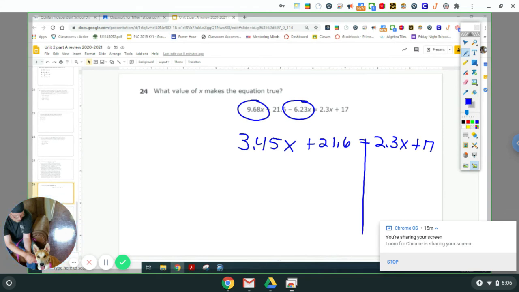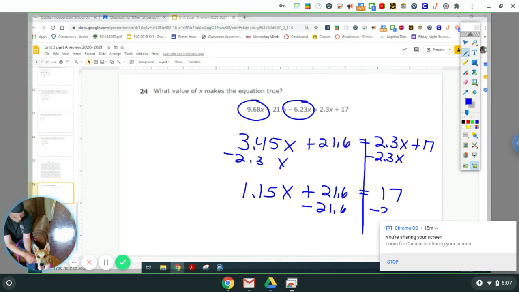So then we're going to combine like terms. Well, we already combined like terms, so now we're going to get the variable to one side. So I'm going to subtract 2.3x from both sides. So you get 1.15x plus 21.6 is equal to 17. So then I'm going to subtract 21.6 from both sides.